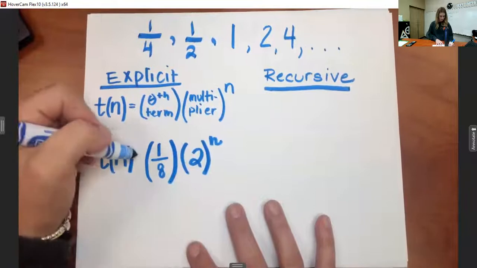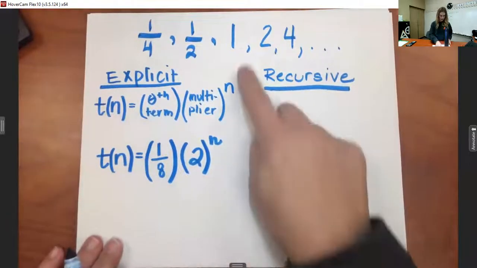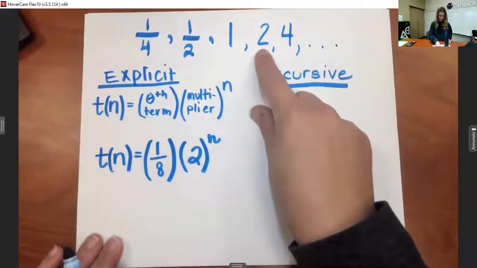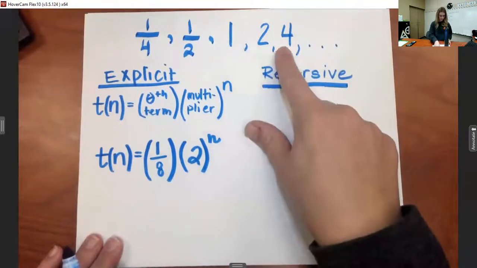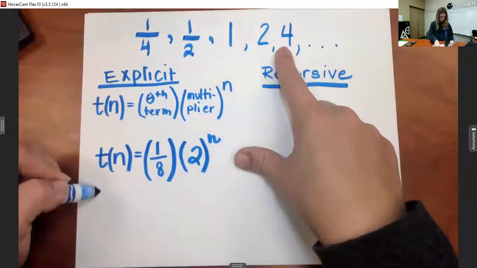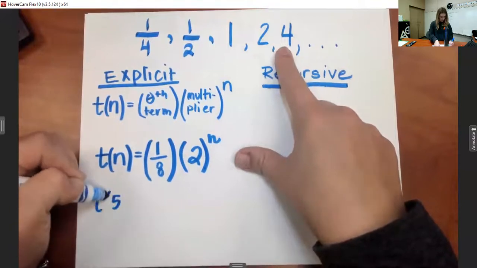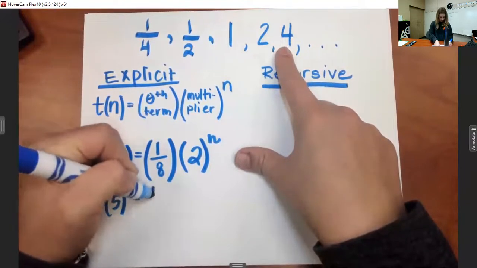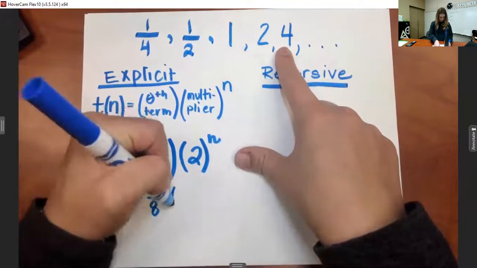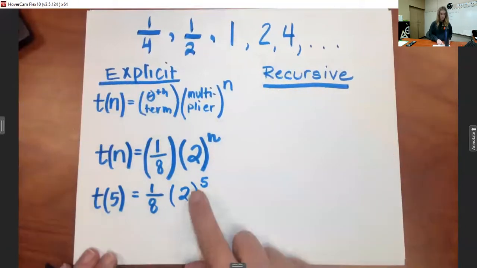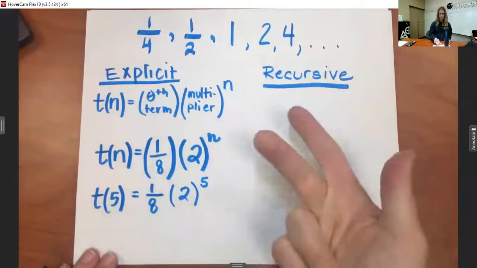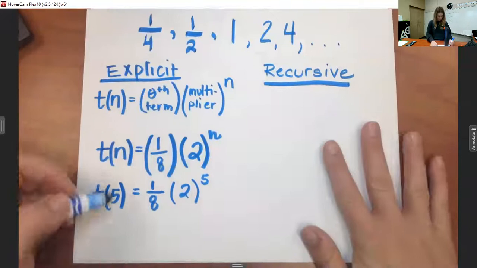Let's check our equation. Let's find T of 5. So we'll plug in 5. The answer should equal 4. 2 to the power of 5 is 2 times 2 times 2 times 2 times 2, which is 32.